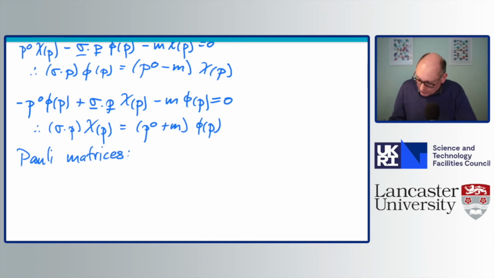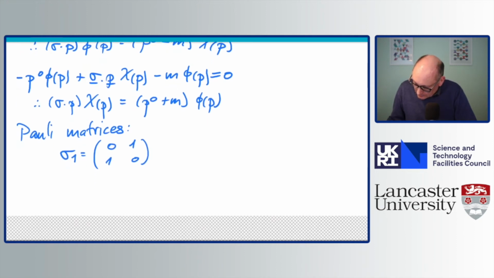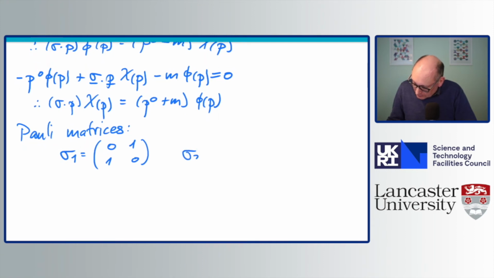The Pauli matrices are defined by sigma 1, which is 0, 1, 1, 0. Sigma 2 is 0, minus i, i, 0, and sigma 3 is 1, 0, 0, minus 1.